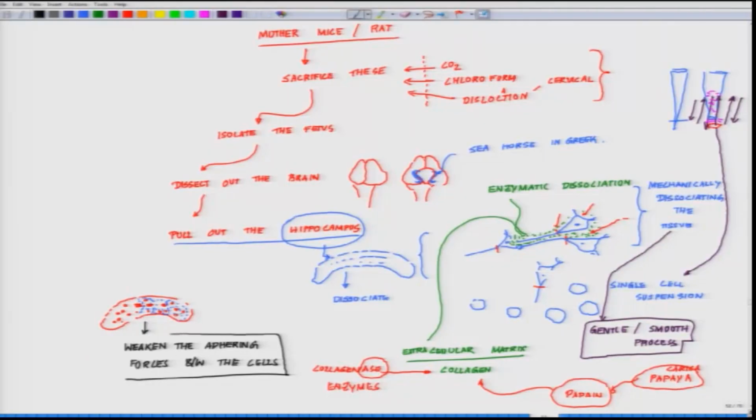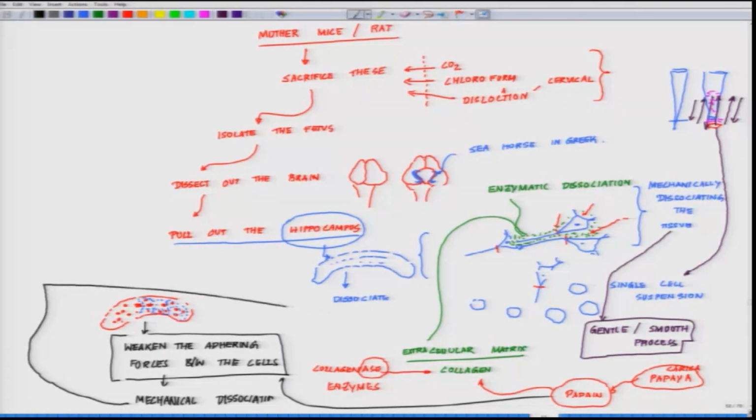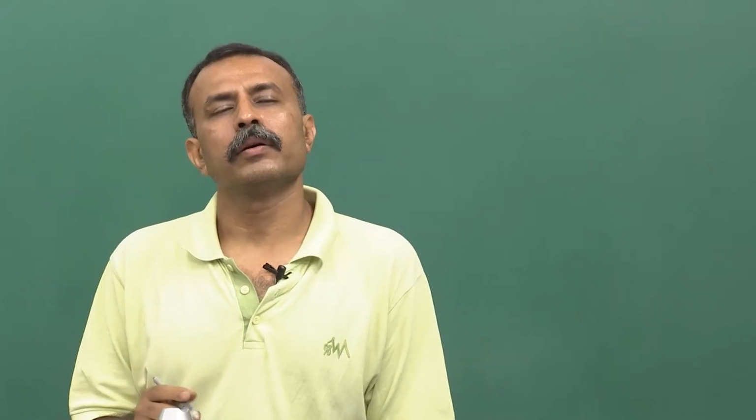This is what it does, and followed by this treatment, if you do offer a mechanical shearing or mechanical dissociation, what you obtain is again the same thing we talked about here, a single cell suspension. But this single cell suspension in this case goes through two processes. You first did papain processing followed by a mechanical dissociation.